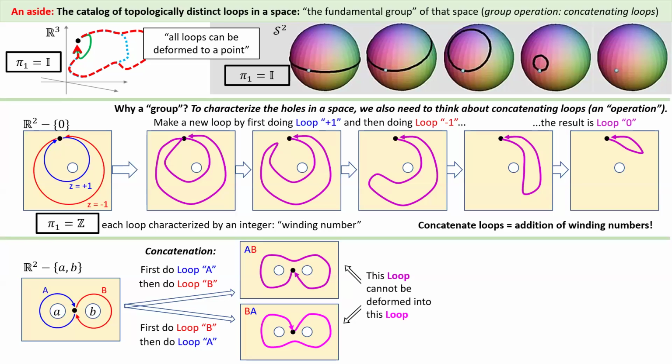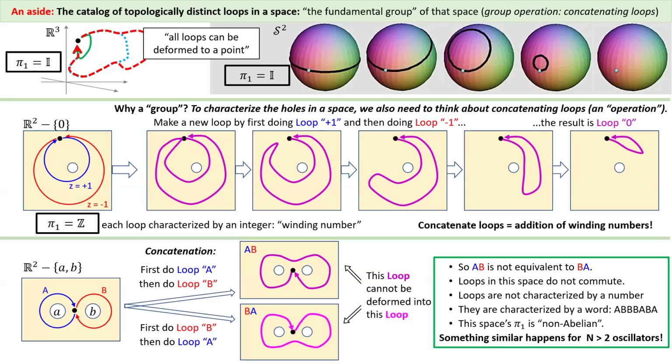I'll leave it as an exercise for you to move things around, but you cannot smoothly deform this loop into this loop, keeping your start and stop point fixed. Okay, so that means that the group operation in this space does not commute, is non-commutative. So we would say that the fundamental group of this space is non-abelian, and that when you stitch loops together, you're not just adding integers, you're doing something much more complicated, something with a much richer kind of algebra.